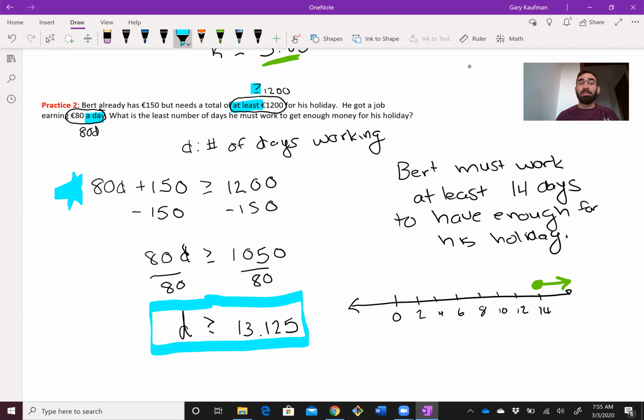But D represents days, and he gets paid 80 euros a day. So working 13 days is not enough because 13 is not greater than or equal to 13.125. So that's why I said Bert must work at least 14 days to have enough money for his holiday. You have to take that context into account.